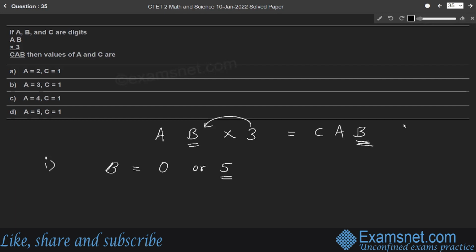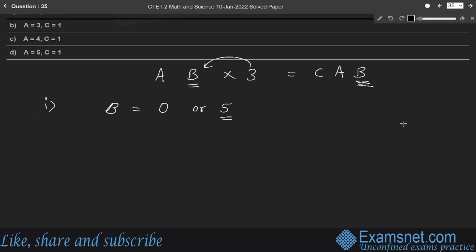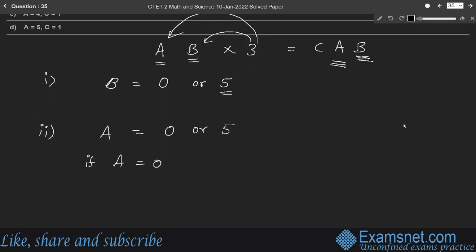Therefore, the second step of the multiplication: when 3 is multiplied with A, the product ends with A only. So, here possible values of A are also 0 or 5. If A is equal to 0, what happens?